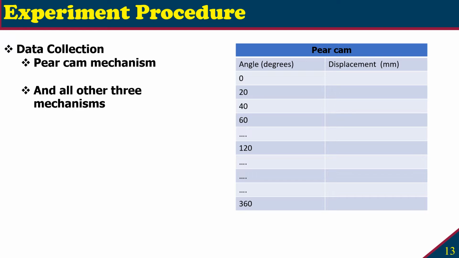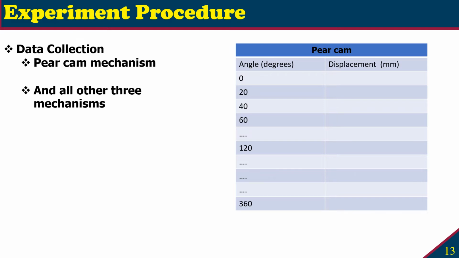So for the data collection for all the 4 cam setups, as we explained in the previous video, you have to collect the data of displacement at different angles. For all those 4 cams, you have to rotate and stop at different angles, for example 0, 20, 40, 60, up to 360 degrees.